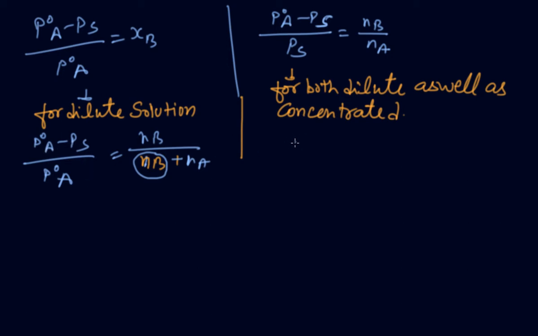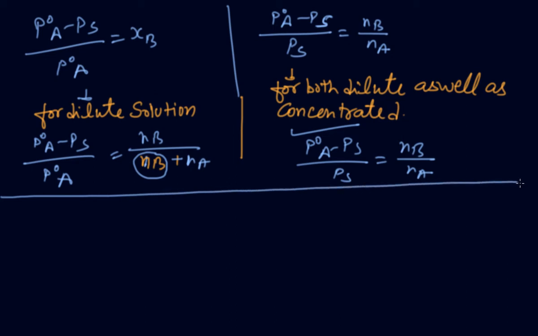But in this case, it is the improved form, and we reverse both of them and get this formula. In this formula, you have no need to neglect any terms. Then comes Raoult's law as the improved form of Henry's law.